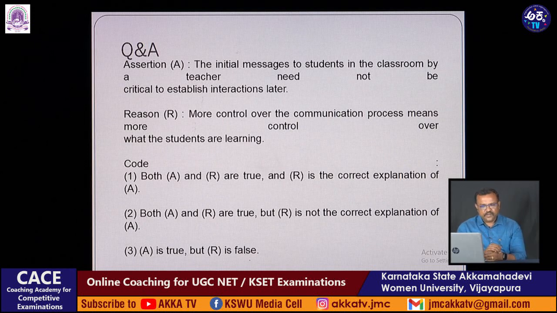What is the reason? More control over the communication process means more control over what the students are learning. The reason is correct, but the assertion is false. So, the correct answer for this is the fourth one, that is A is false, but R is true.